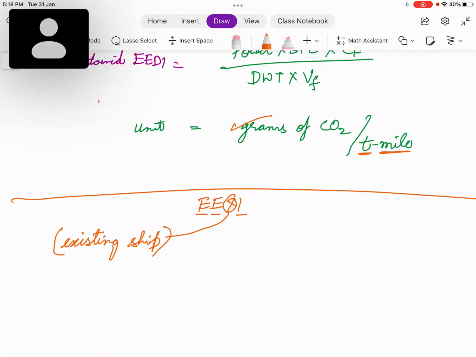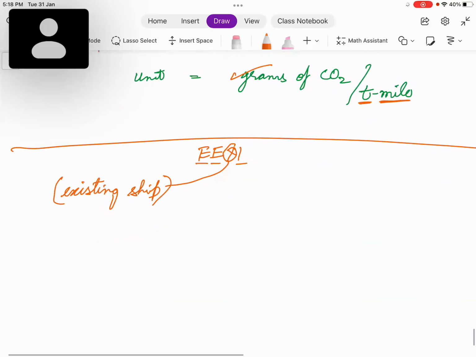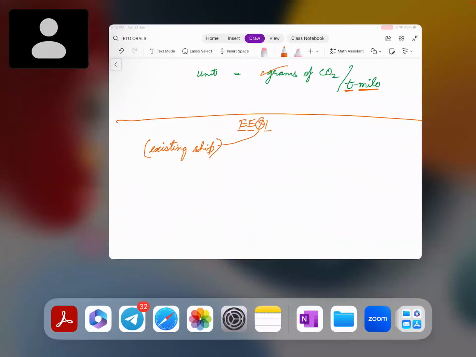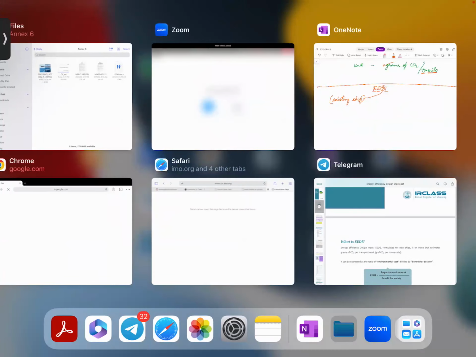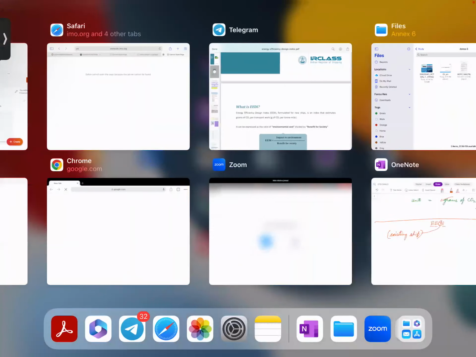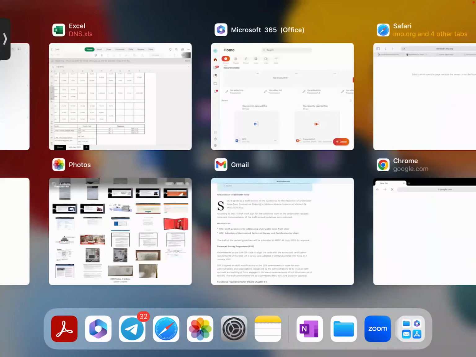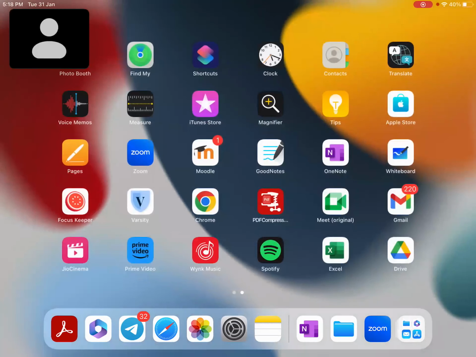Please do not confuse: here both have index, and in CII it will be indicator. Okay, I'll just jump back to the MARPOL Annex VI, right? Just a minute. If you have any doubt, ask me. Any doubt? All clear?